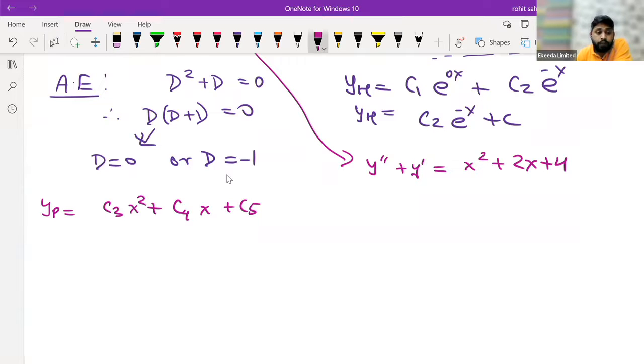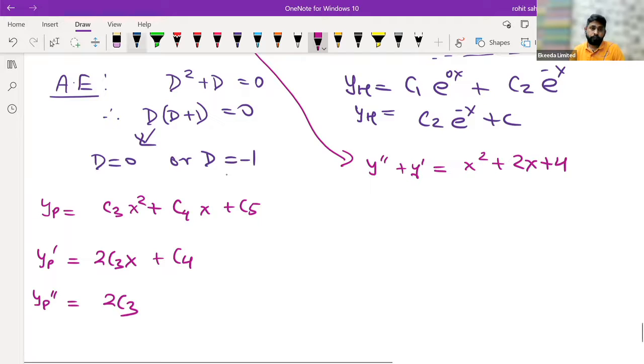So if you see yp is this, so yp dash should be 2c3x plus just c4, and yp double dash should be 2c3. That's it, no x. So what you have to do is you have to put these values here. Fine.